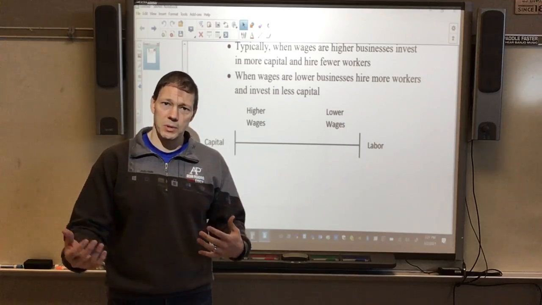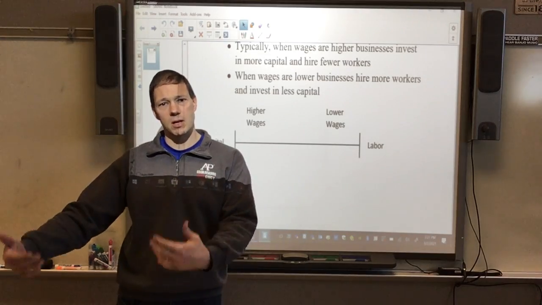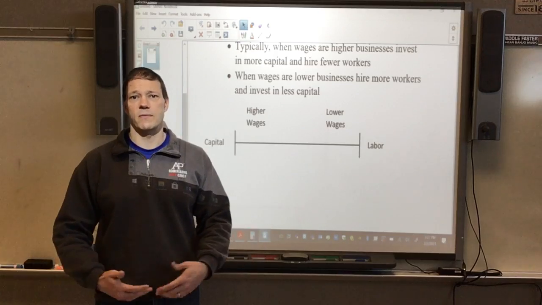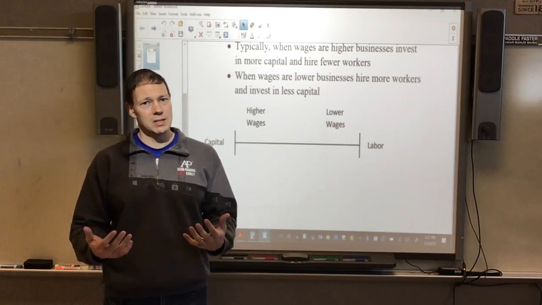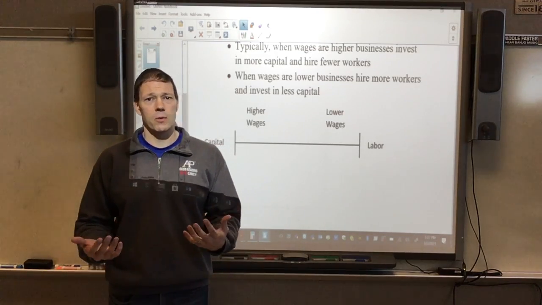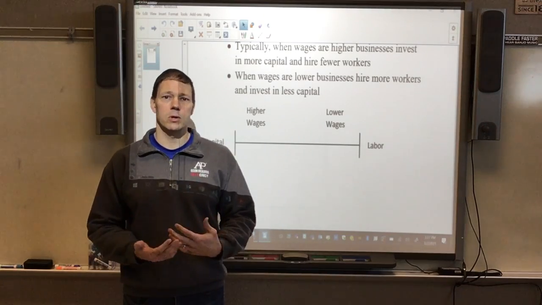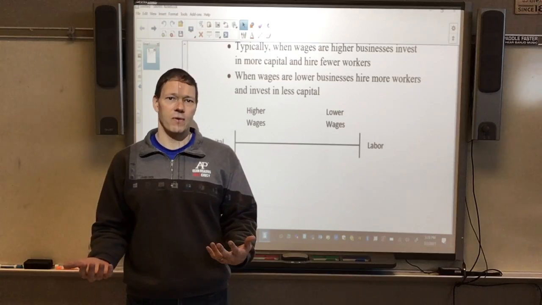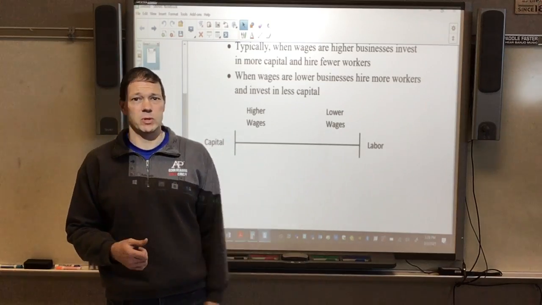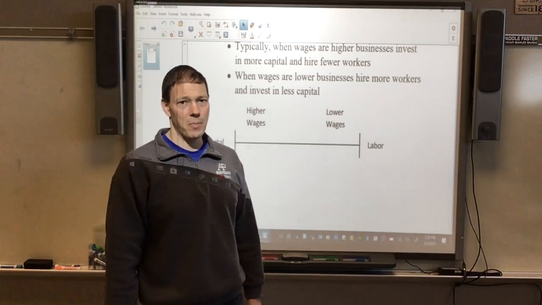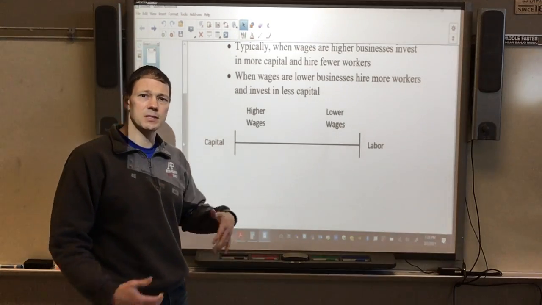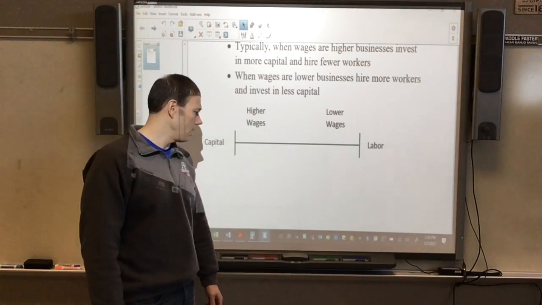Or they simply get rid of workers and invest in more technology, robots, if you will, to do the job. So it doesn't necessarily follow that because businesses have to hire workers, you can raise wages and it's not going to affect unemployment. Businesses can always switch to more capital, and that's where that balance comes into play. So pretty simple concept, but I just wanted to clarify that before we move on.